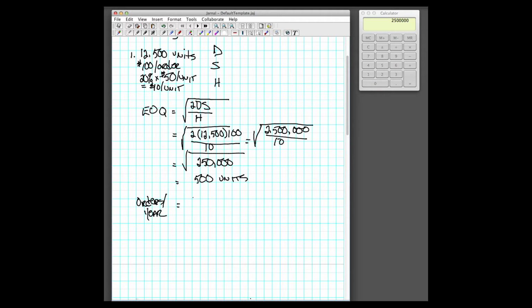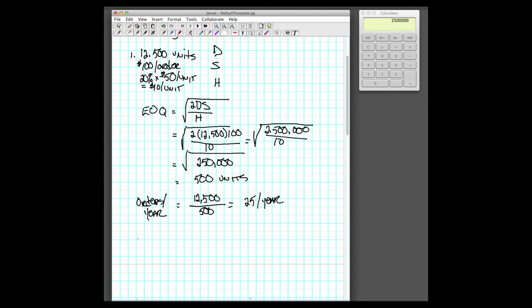Well, if our demand is going to be 12,500 units per year, and we're going to order those on a regular basis of 500 units per order, that would suggest that we would be placing 25 orders per year. Pretty simple when we go through this.